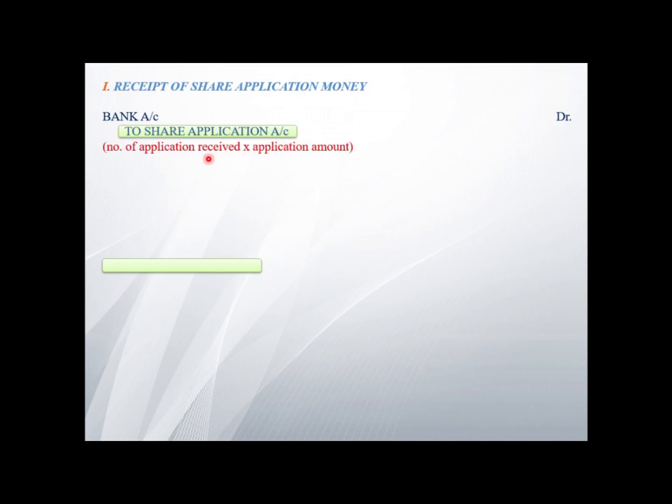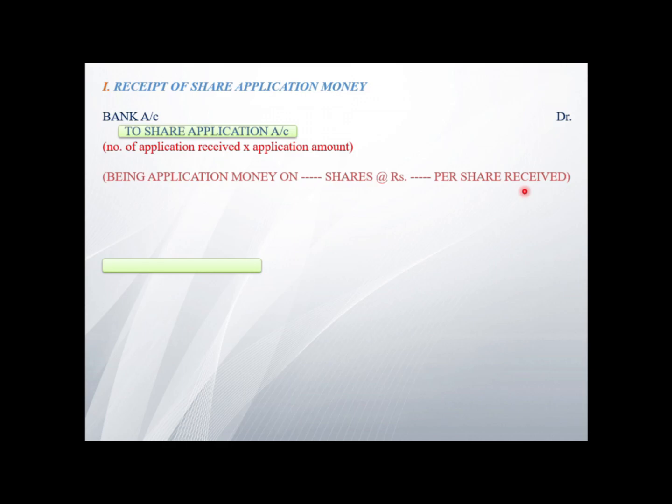So our first transaction is receipt of share application money. Entry is bank account debit to share application account. Amount will be calculated as number of application received multiplied by application amount. Narration. Being application money on dash shares at rupees dash per share received.